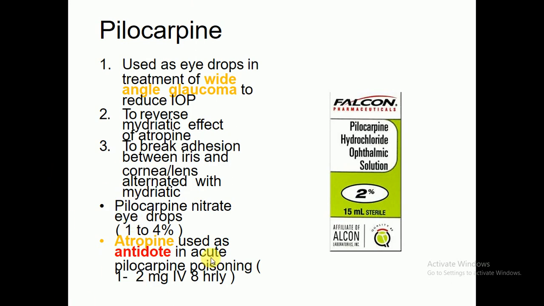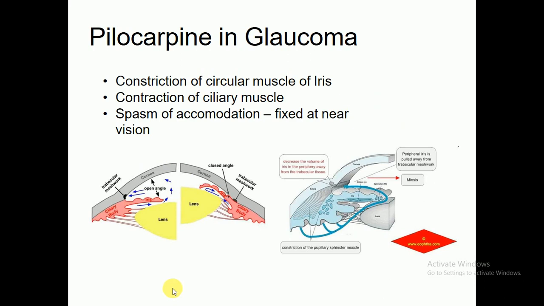Atropine is an antidote which can reduce the toxic effect of pilocarpine, used as a counter agent in acute pilocarpine poisoning at a dose of 1 to 2 milligrams intravenously, 8 hourly.